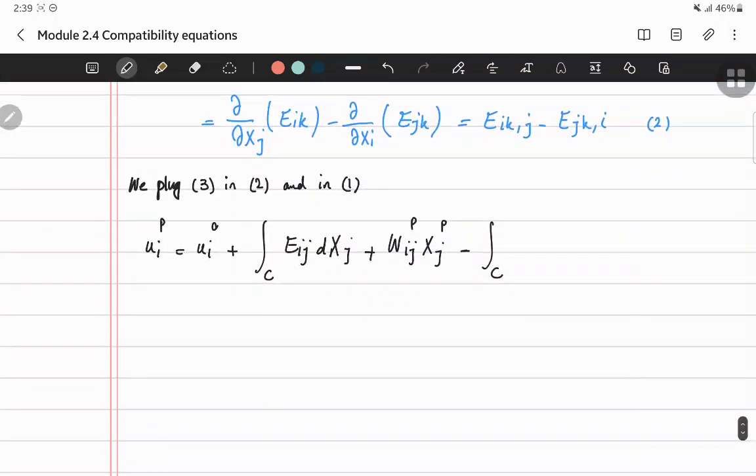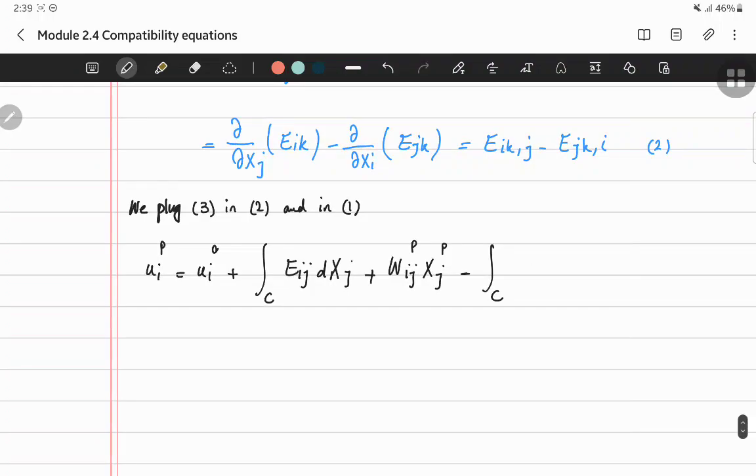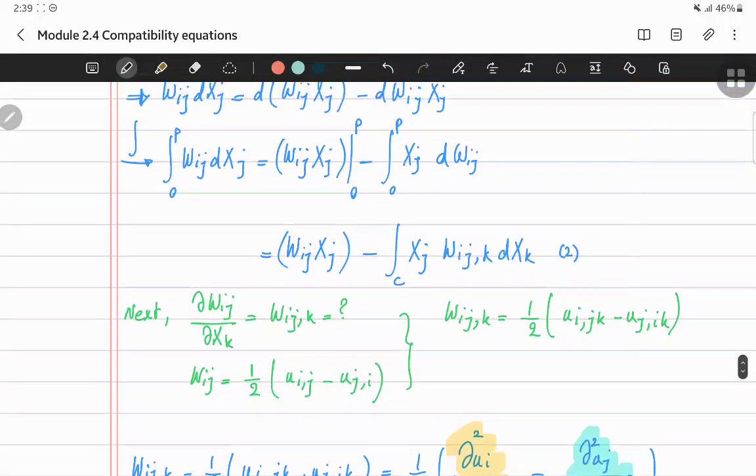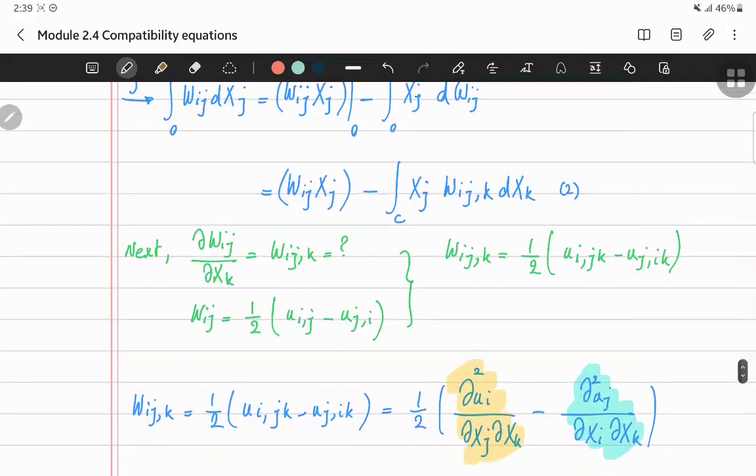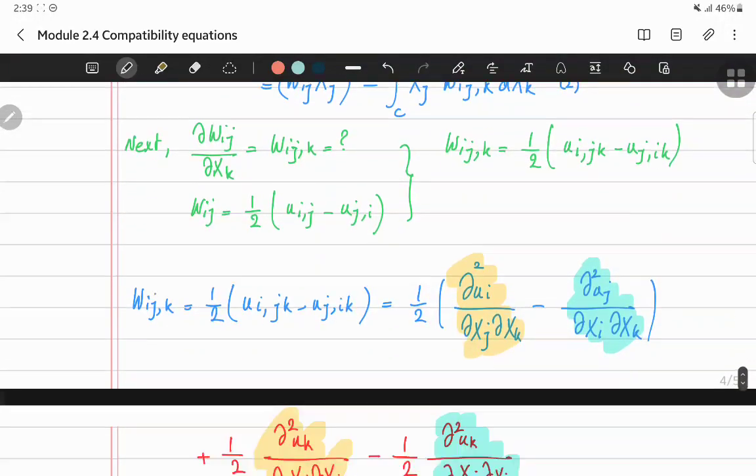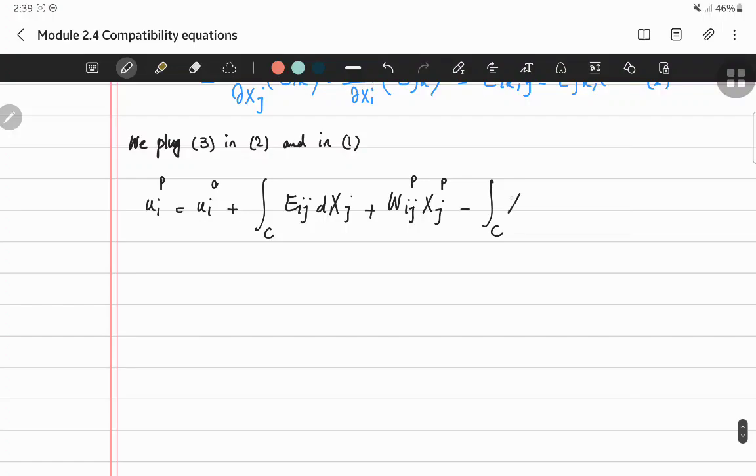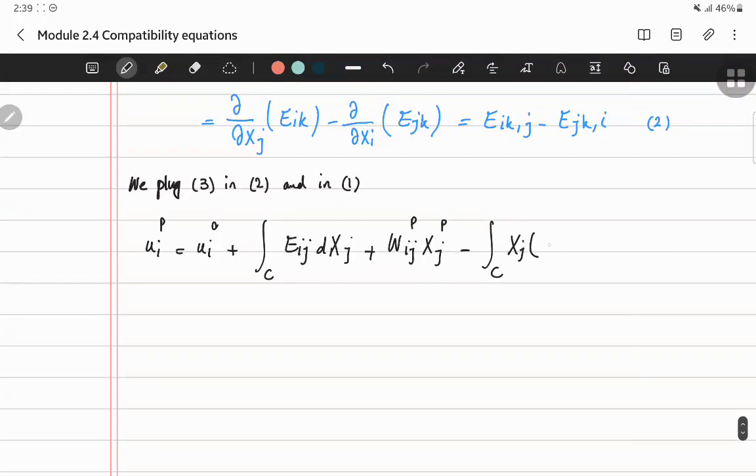It had an x_j and dx_k. So I had an x_j, and then I had this e_ikj minus e_jki dx_k. Now I have this x_ij, and then I have this.